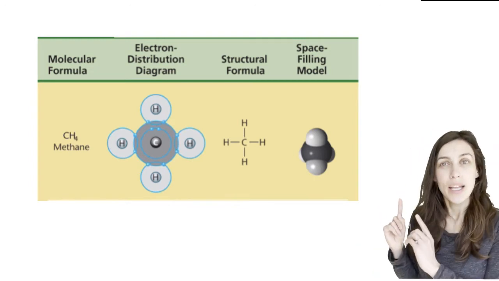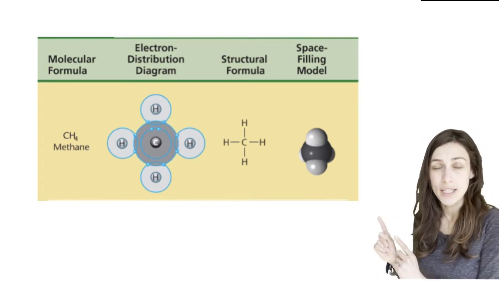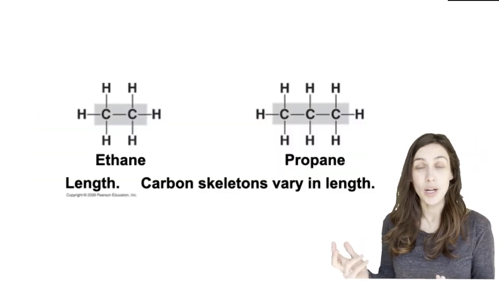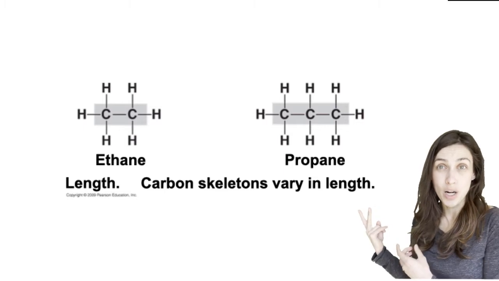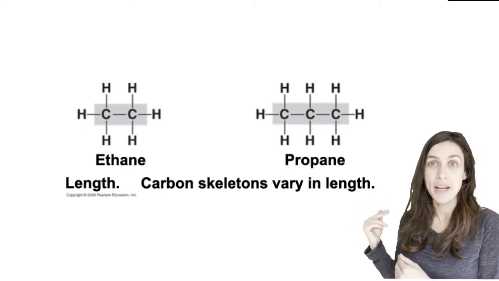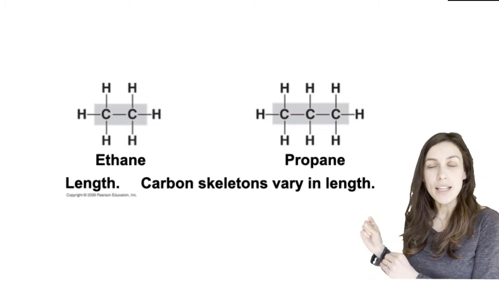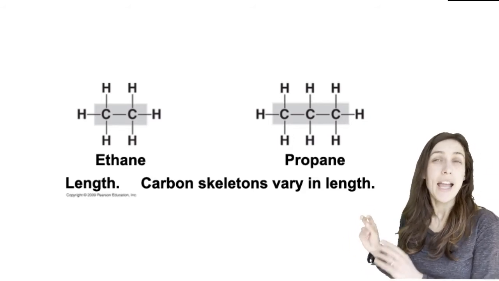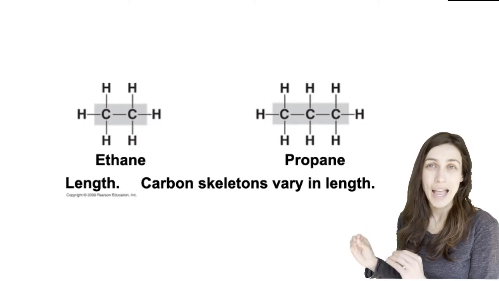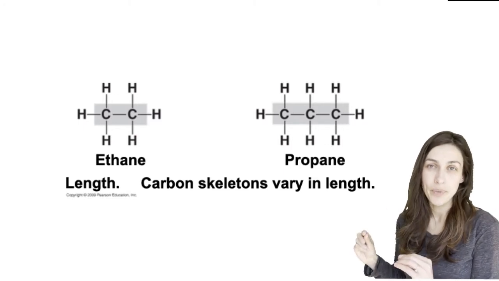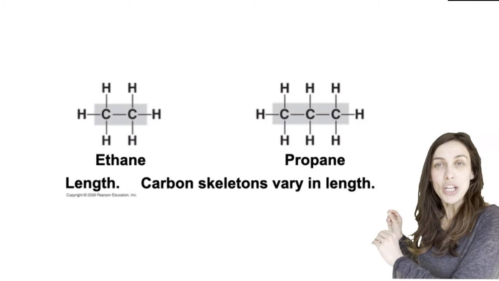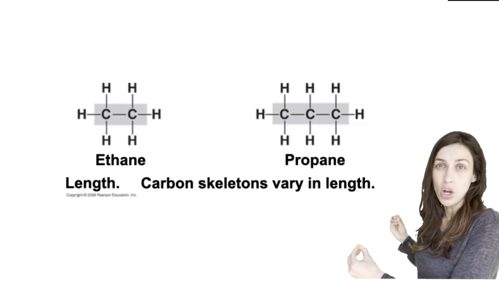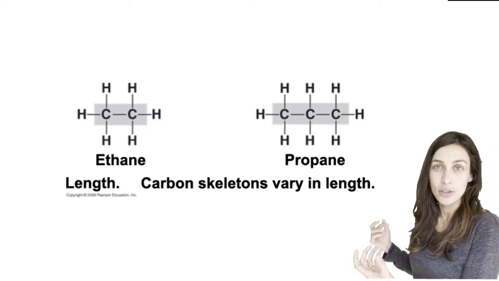Okay, so let's move on from the smallest hydrocarbon to a slightly bigger one. You can make a hydrocarbon that has 2 carbons surrounded by hydrogens. Notice that each of the carbons has 4 covalent bonds, and every hydrogen can only have 1 covalent bond. You can continue this pattern to make propane, which is 3 carbons long, surrounded by hydrogens.